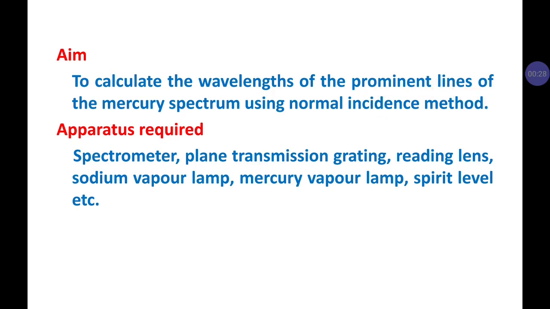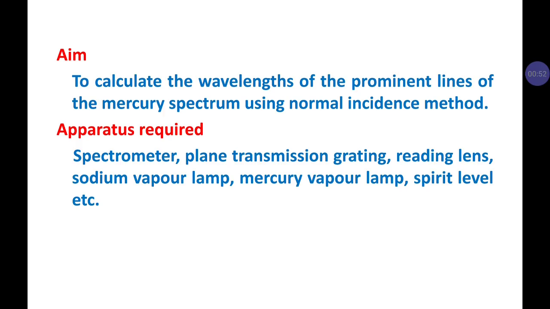Mercury emits white light. When it passes through a diffraction grating plate, it diffracts into several colors like violet, blue, green, yellow, etc. We are going to calculate the wavelength of all these prominent lines. So this is the aim of this experiment.